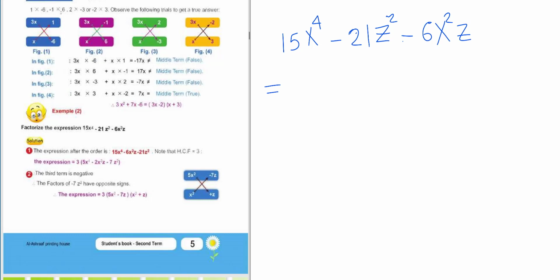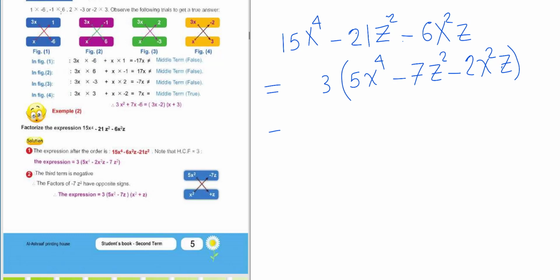After that, we take the highest common factor, which is 3. 15x⁴ divided by 3 equals 5x⁴. Minus 21z² divided by 3 equals 7z². Minus 6x²z divided by 3 equals 2x²z.